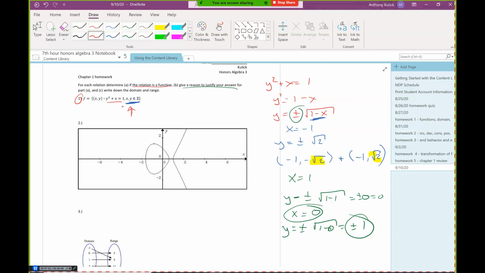So if we think about it, can I pick any old value for x and plug it in here? No, because if I picked x to be 2, I'd get the square root of negative 1, and we can't take the square root of negative 1, right? What's the biggest value of x that I can plug in here and still be able to take the square root of it?